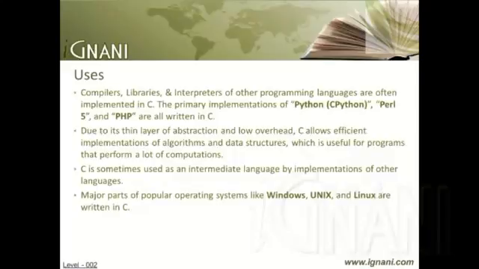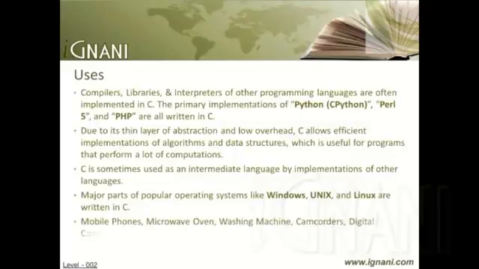Most of the device driver programs are also written in C. The programs that are used in mobile phones, microwave ovens, washing machines, camcorders, digital cameras, and TVs are all written in C, due to the constraints of limited memory and processor speed, but still requiring optimal performance. C has also been widely used to implement end-user applications, but much of that development has shifted to newer languages.